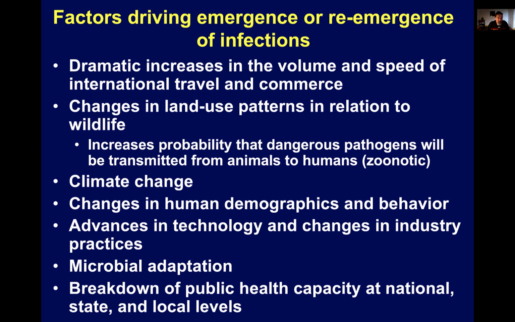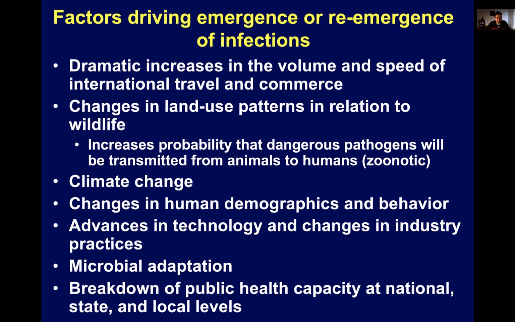Of course, the dramatic increases in the volume and spread of international travel and commerce. There's also been a lot of changes in land use patterns in relation to wildlife, and this just increases the probability that dangerous pathogens will be transmitted from animals to humans. There's climate change, there's changes in human demographics and behavior, changes in technology and industry practices.